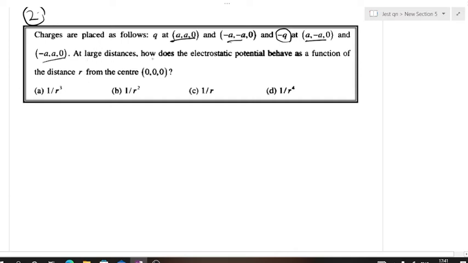At a large distance, how does the electrostatic potential behave as a function of radial distance r from the center? First pause the video and try to solve it on your own. After that, check with the solution whether it's correct or not. That will be beneficial for you.